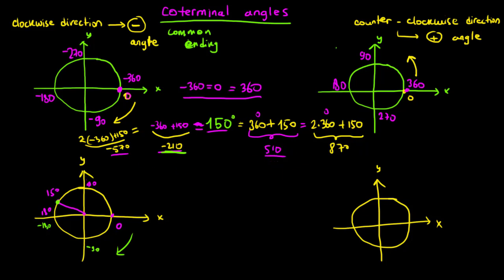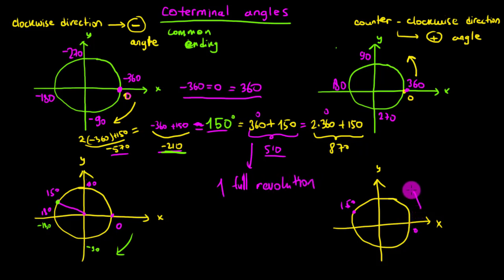Let's now show the angle 510. How can you show that this is also true? As we know, this one is 150. 360 is one full rotation, one full revolution.